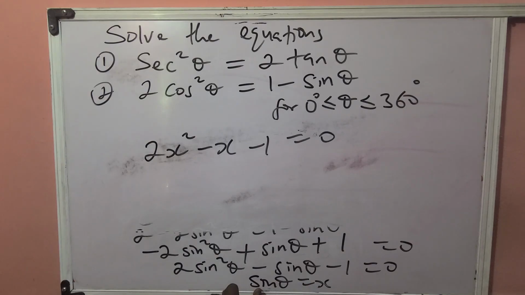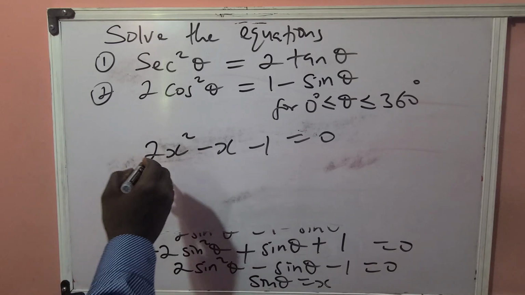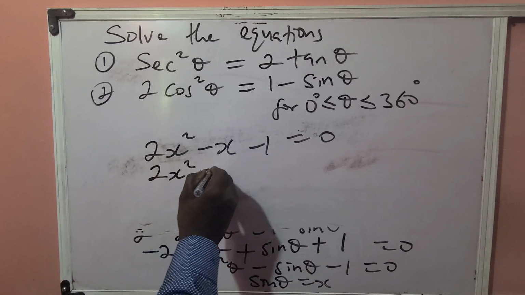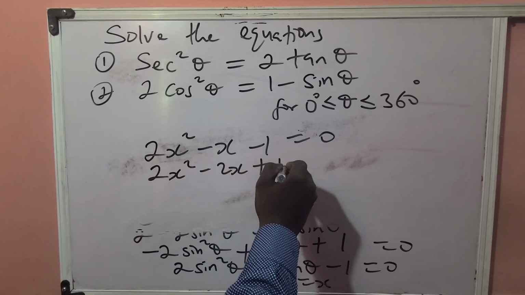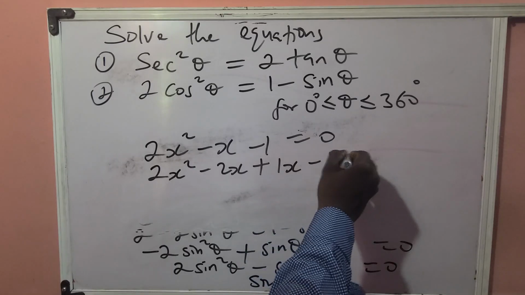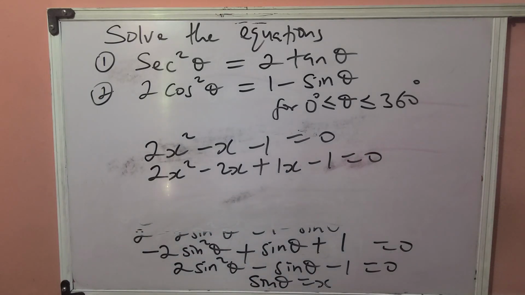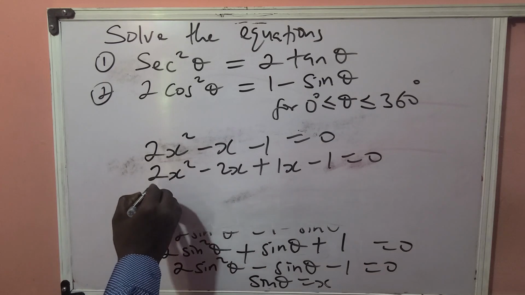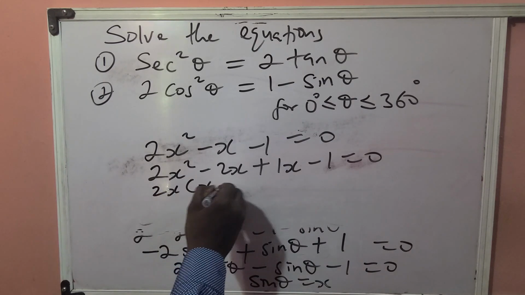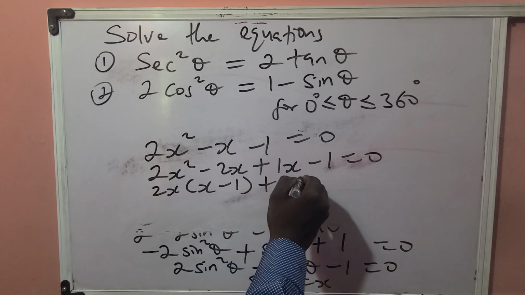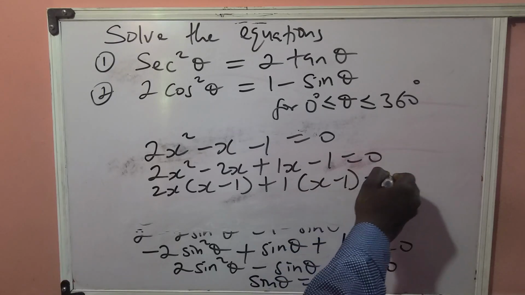Of course, putting x as sine theta, you can go on to solve this using your understanding of quadratic equations. So if you solve this using factorization, you will be having 2x bracket x minus 1 plus 1 into bracket x minus 1 equals 0.